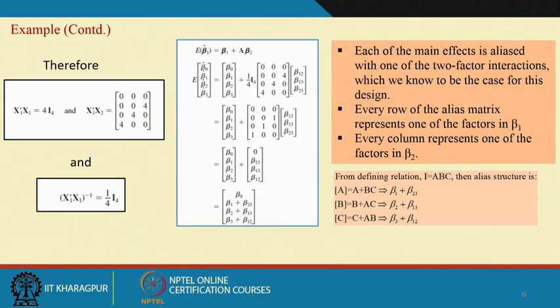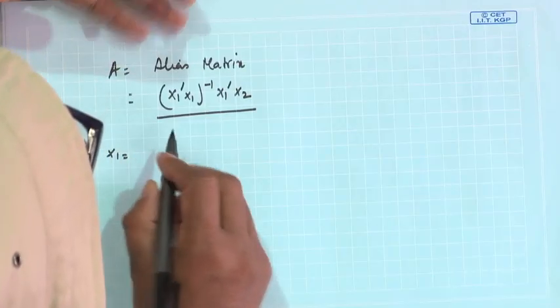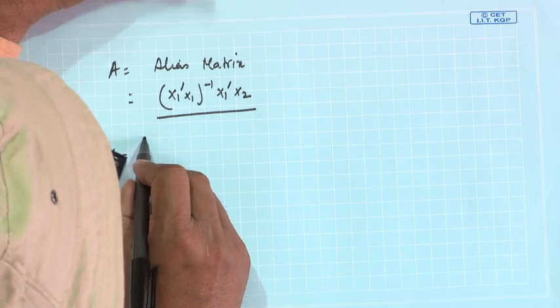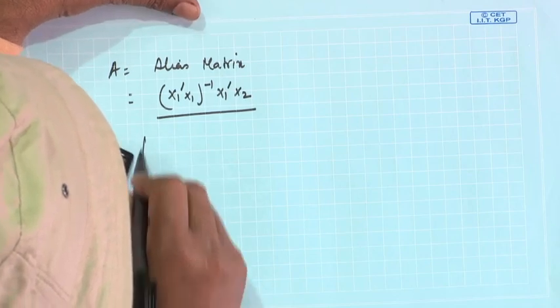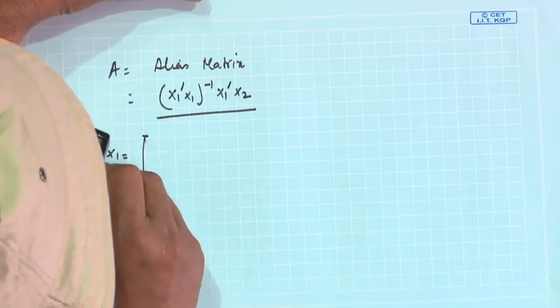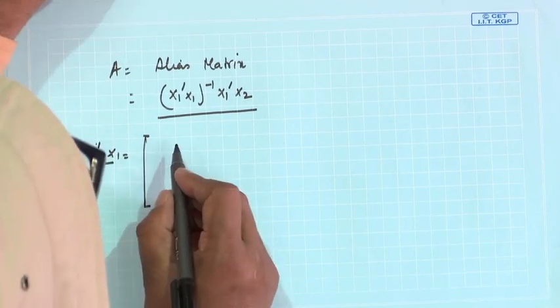Okay. So, now what is x1 transpose x1? Let us see. I can write x1 transpose x1.